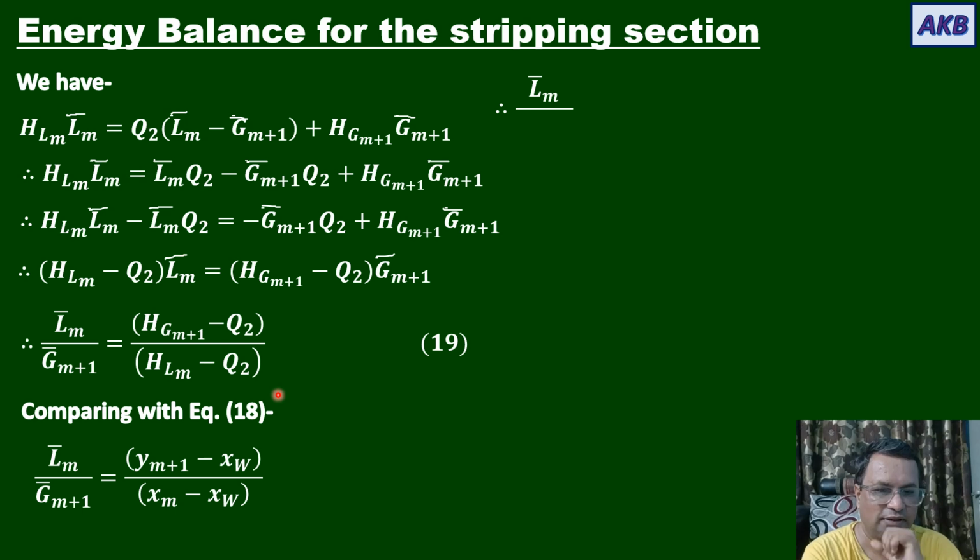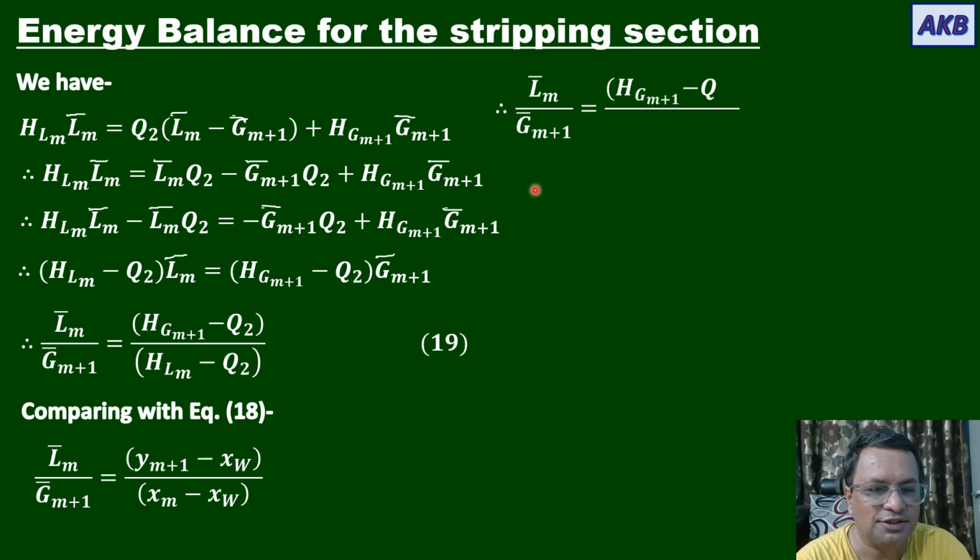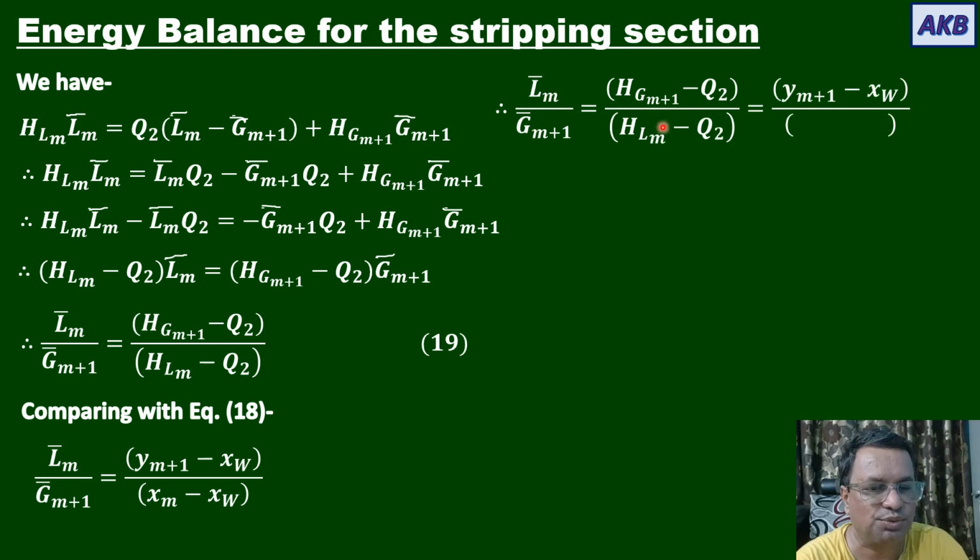So that's why, sorry, we can arrange the equation like L bar M upon G bar M plus 1, that is equal to HGM plus 1 minus Q2 divided by HLM minus Q2, that is equal to YM plus 1 minus XW divided by XM minus XW, and I am calling this equation 20.